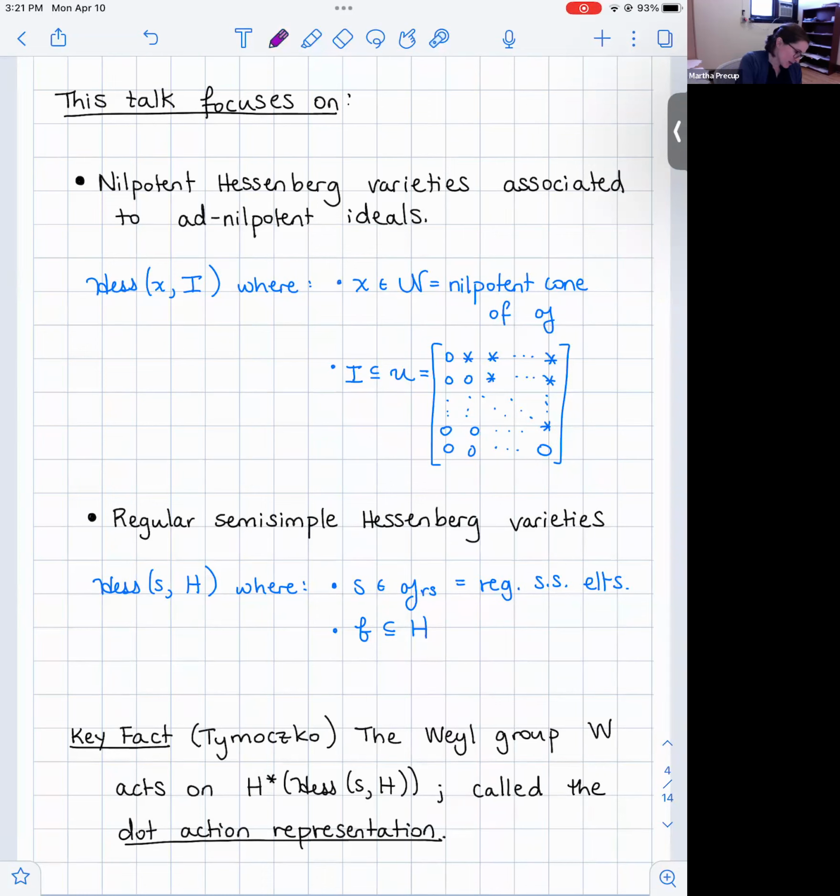So this sets up a natural bijection between these two collections, at least at the level of the Hessenberg spaces. If I have a Hessenberg space used to define my regular semisimple Hessenberg variety down here, I can turn it into an ad-nilpotent ideal by looking at its orthogonal complement under the Killing form, just like in that example on the previous page.